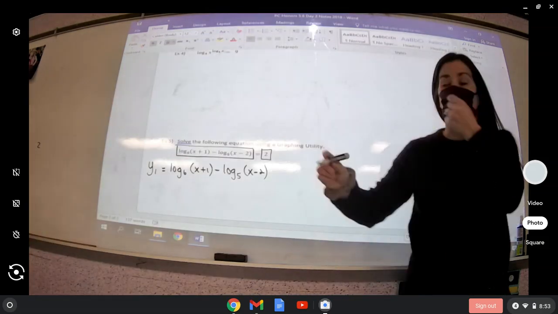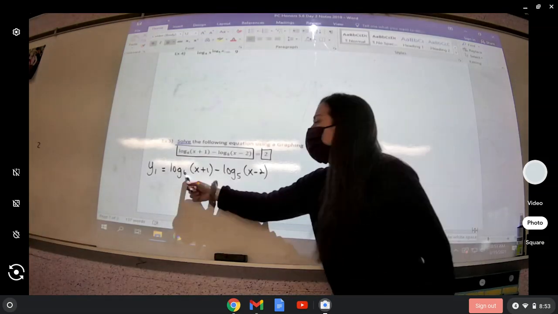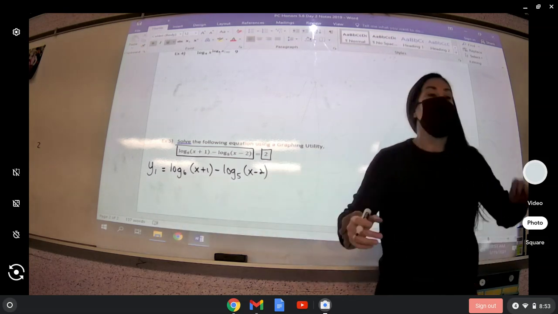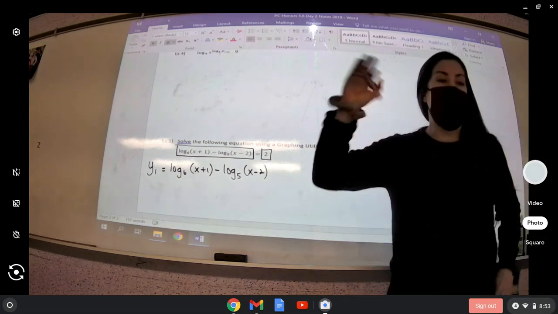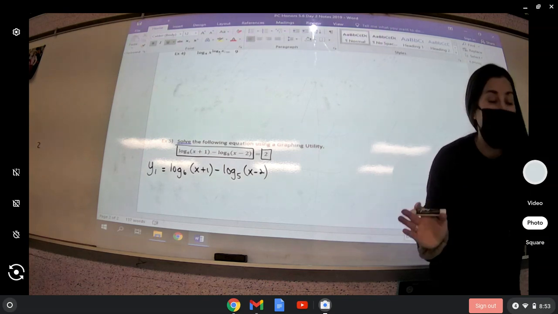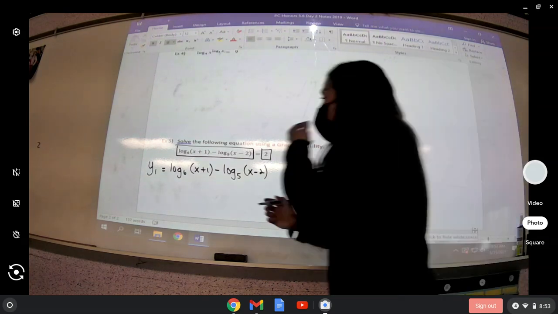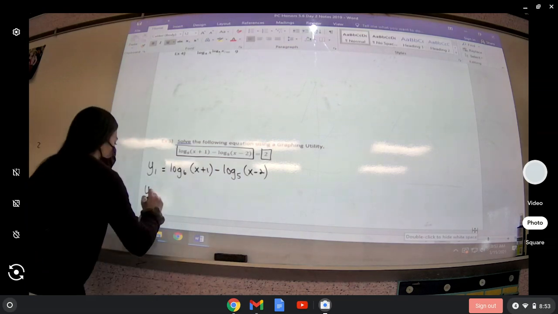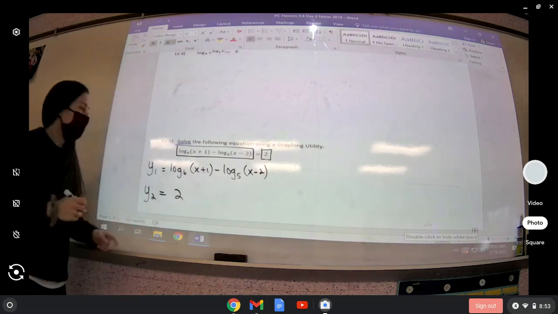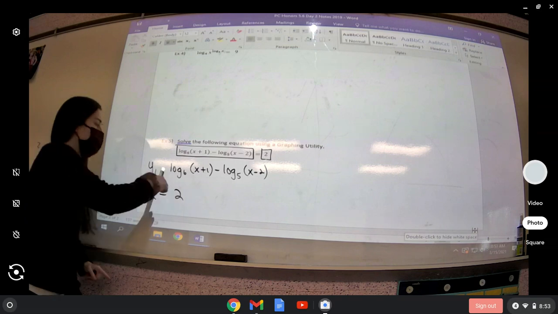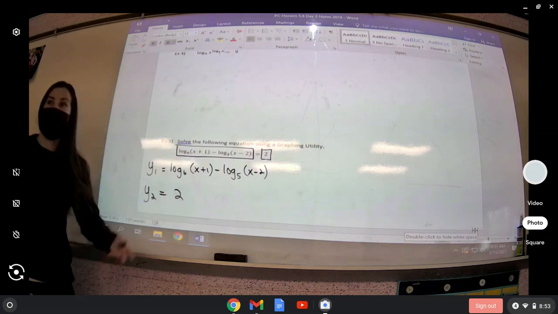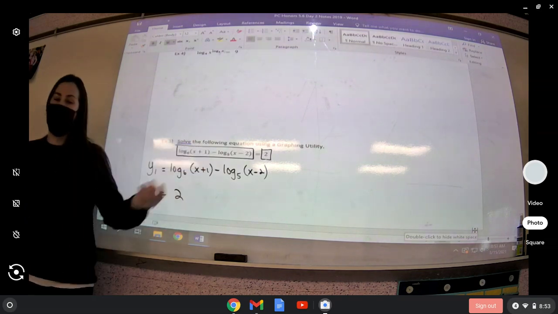Now, if you're on the online homework, they're going to tell you to rewrite your log base 6 and your log base 5 as either base 10 logs or natural logs. Guys, the graphing calculator doesn't make you do that. So why, if you don't have to? And then you're going to let y2 equal 2, and you're going to use the intersect feature. When does this graph and this graph intersect? And that's the solution when they're equal.